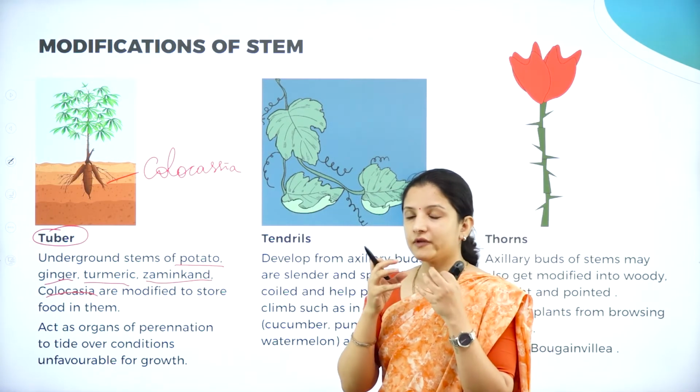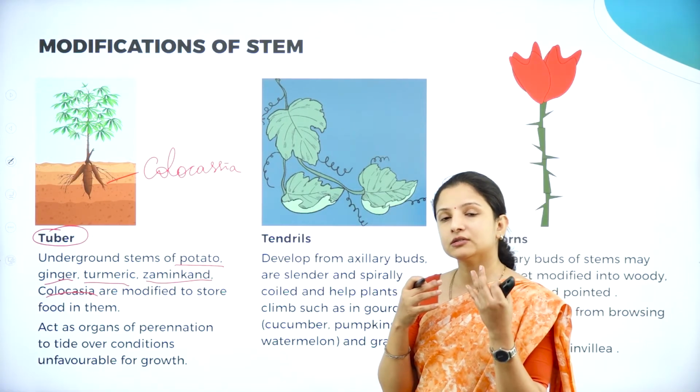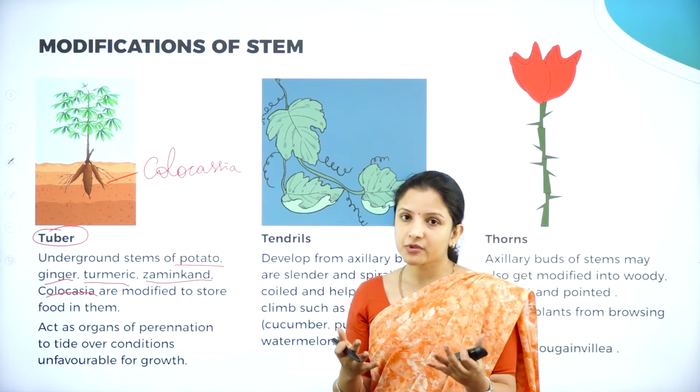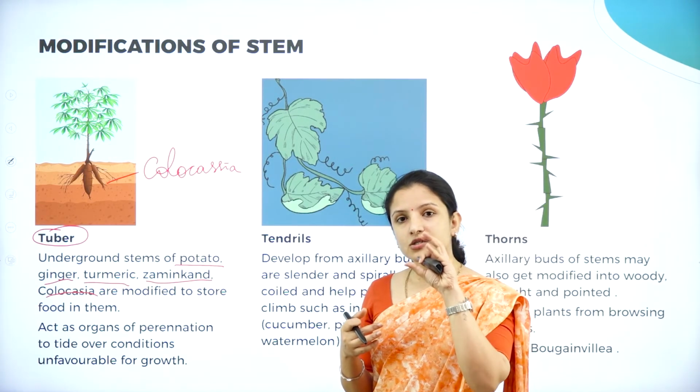Whatever we are eating, especially potato, the food is stored in the form of carbohydrates. You know that carbohydrates are very much needed for plant growth. So we are actually eating the storage part of the plant in this case.